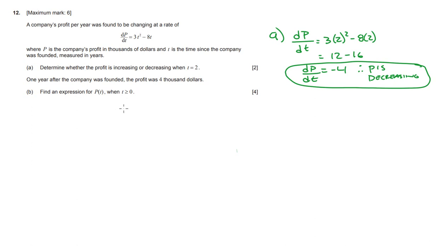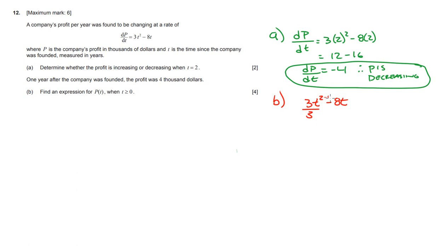So here we've got 3t squared minus 8t. What we're going to do is add 1 to the power instead of subtracting 1. Plus 1 is going to be 3, and then we take that 3 and divide by 3.